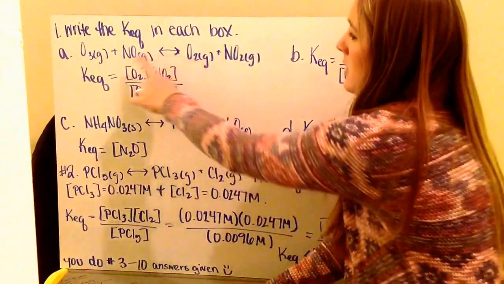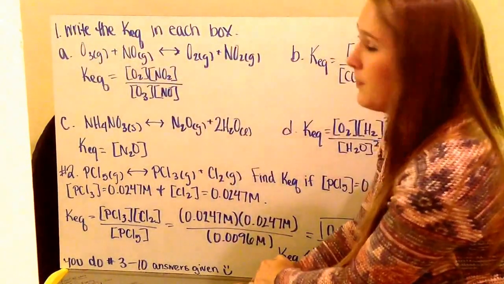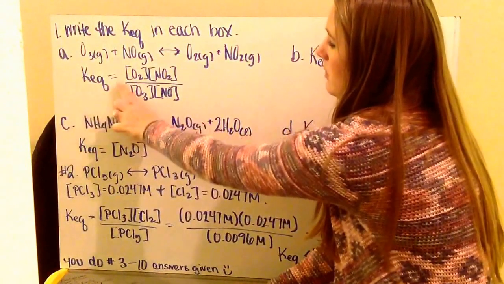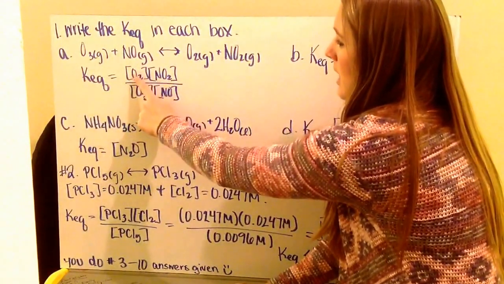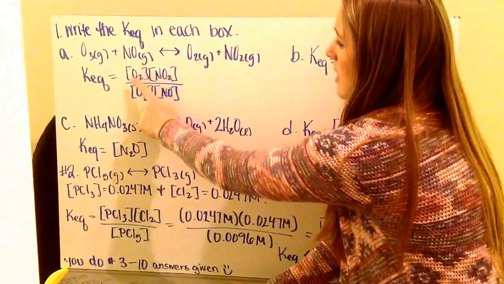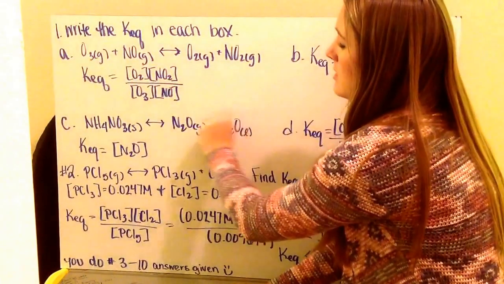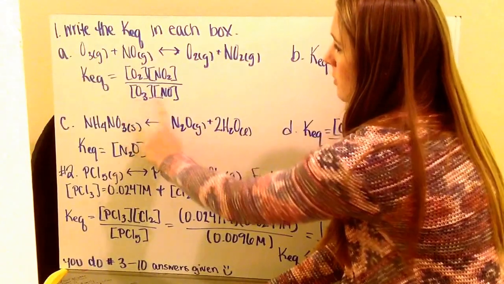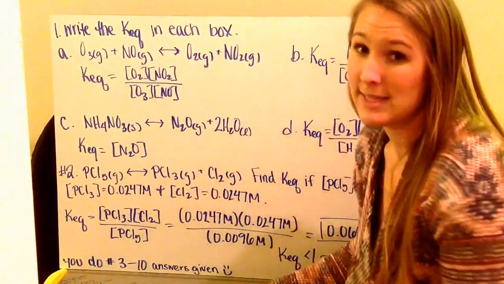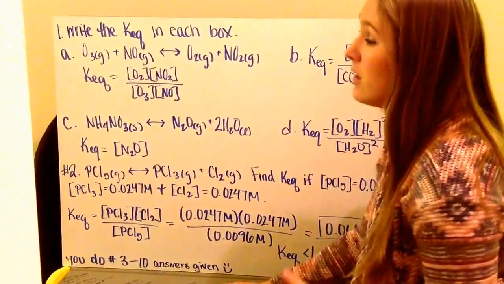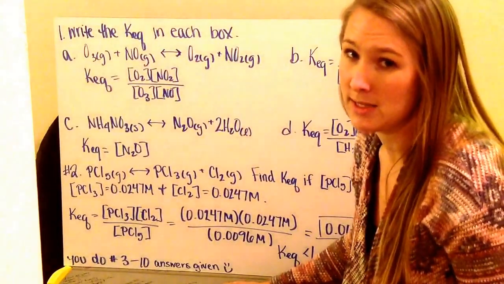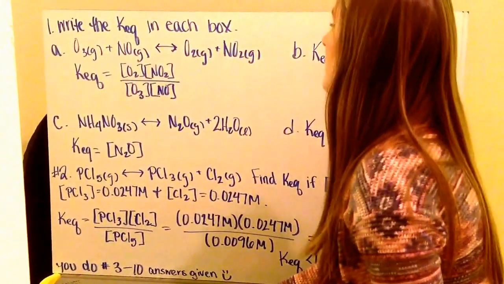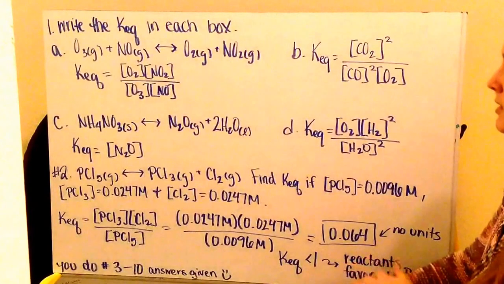In each one of these, the coefficient is 1. So I write KEQ is equal to the concentration of my products, O2 and NO2, divided by the concentrations of my reactants, O3 and NO. And I stop there. When I want to actually calculate KEQ, then I do my next step of putting in the numbers. Go ahead and try letter B.